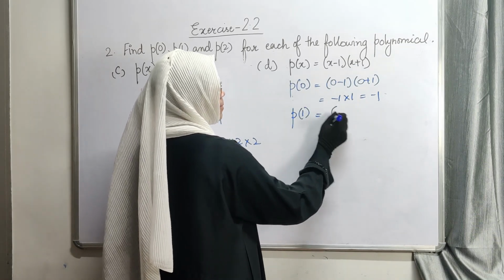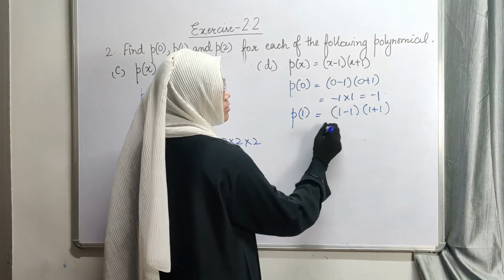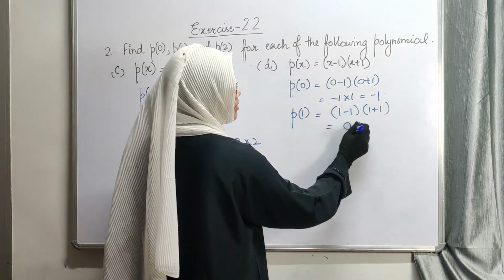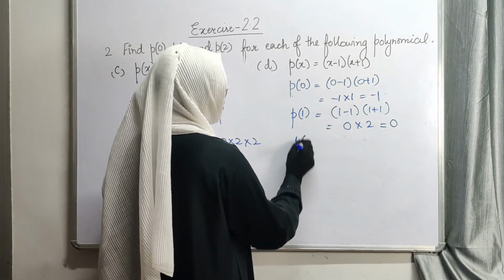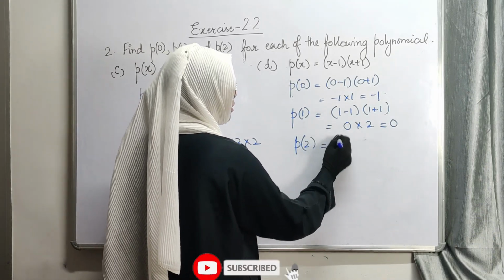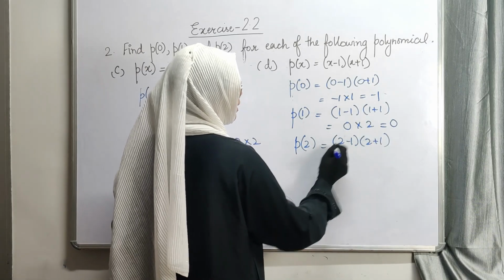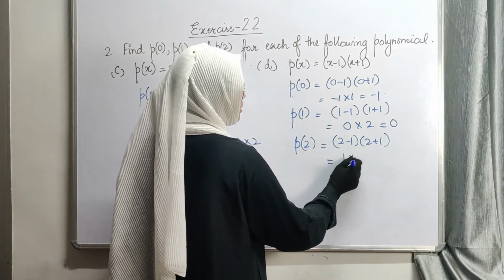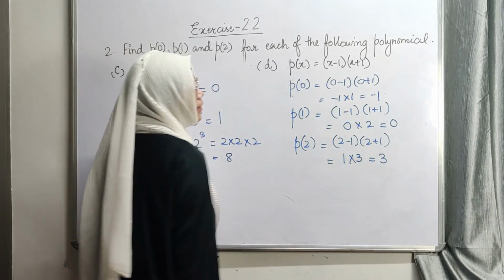P(1), 1 minus 1, 1 plus 1. 1 minus 1 is 0 and 1 plus 1 is 2, and 0 multiplied by any number is 0. P(2), 2 minus 1, 2 plus 1. 2 minus 1 is 1 multiplied by 2 plus 1 is 3, and your answer will become 3.